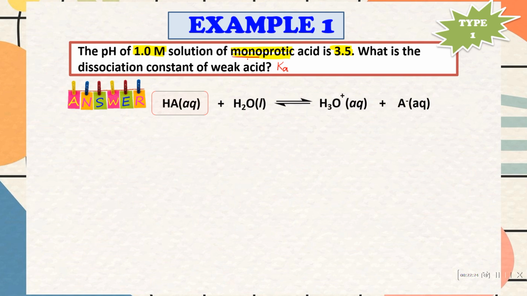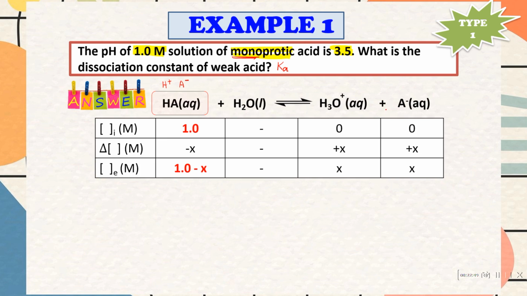Monoprotic acid means it has only one H. HA dissociates to become H plus and A minus, so it will become H3O plus. Water accepts a proton from the weak acid to become H3O plus and A minus.